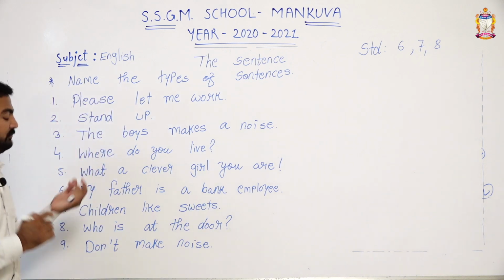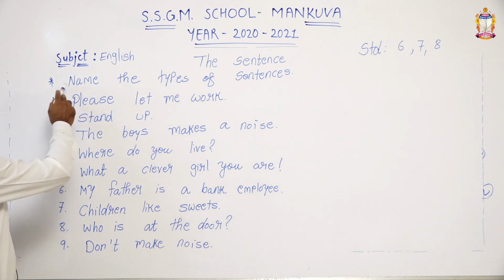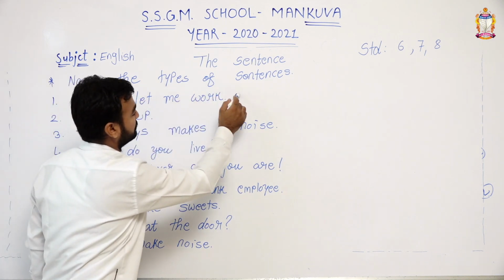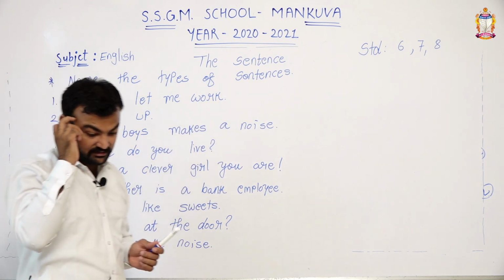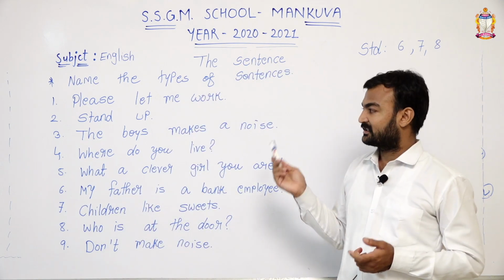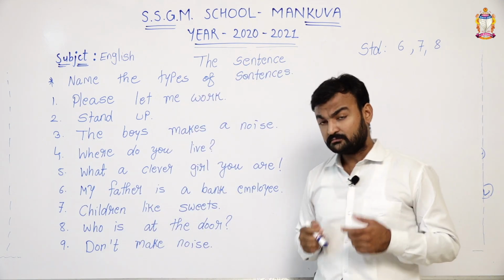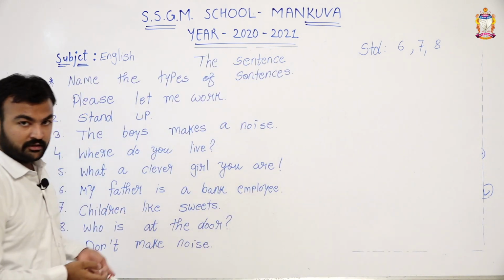Students, I am solving one sentence over here; the rest you have to solve by yourself by writing in notebooks. What we have to do is name the type of sentence: imperative sentence, exclamatory sentence, declarative or assertive sentence, or interrogative sentence.